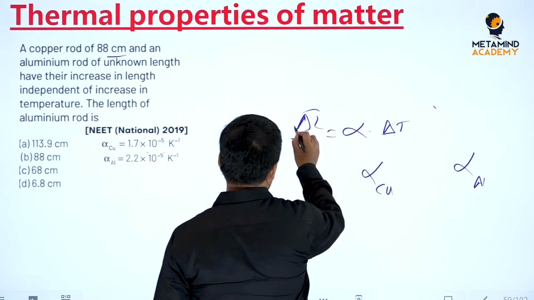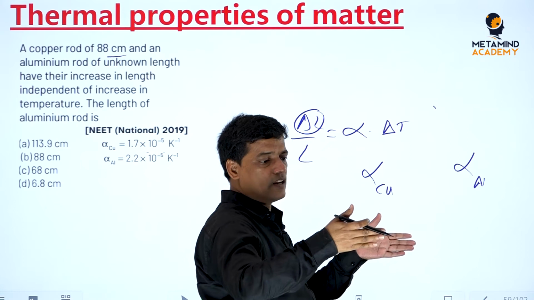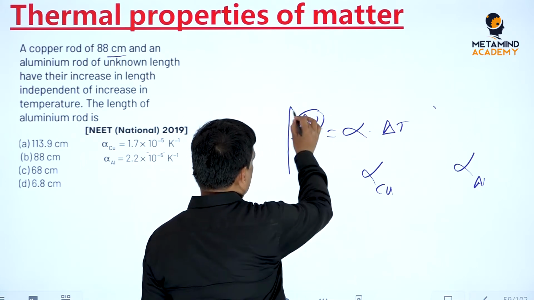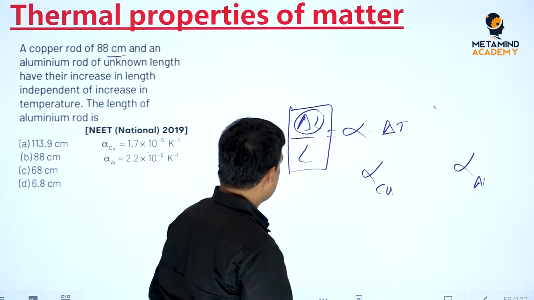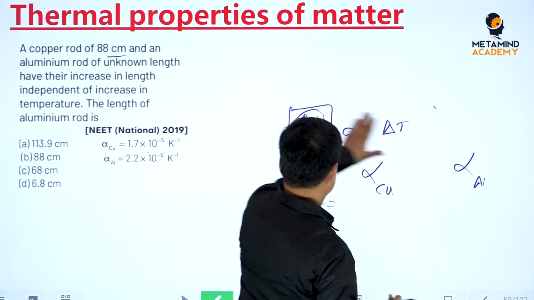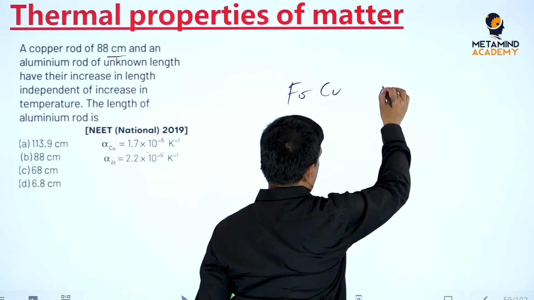So the length of the aluminium rod has been chosen in such a way that delta L is the same.